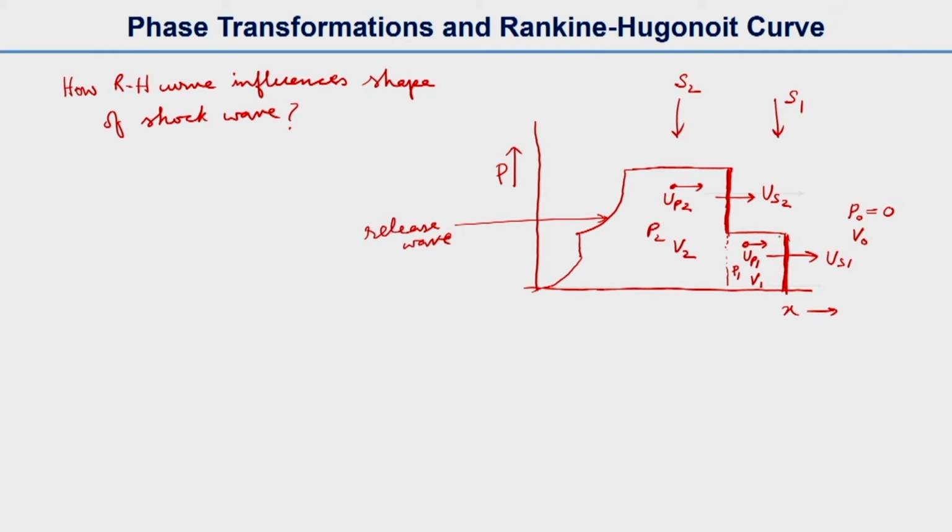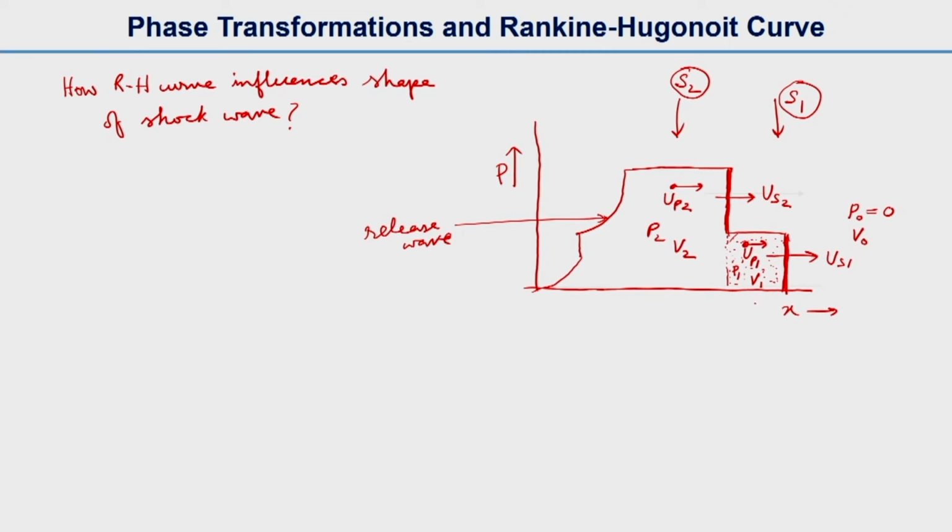So basically we are now dealing with two shock waves, S1 and S2, and we should understand that the material in this region has a velocity up1, the particle velocity.